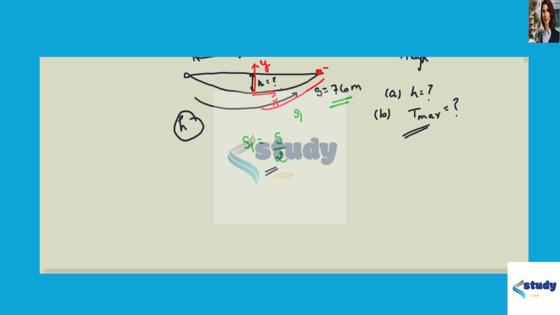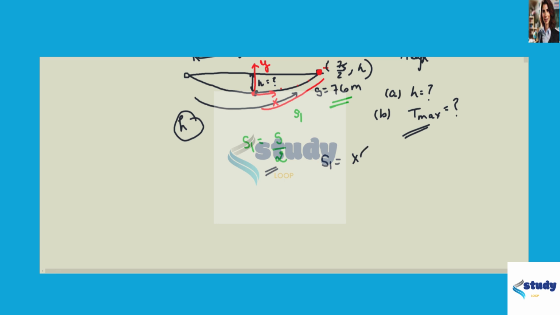So according to the equation, this S1 is equal to x. There is a distance from the lowest point, the origin, to this point at which we are considering x. X here is 75 divided by 2. So 75 is the complete length, and y is just h, because this is the elevation of this point above the origin.